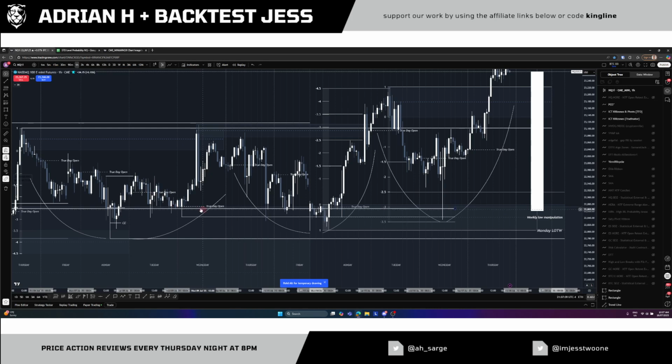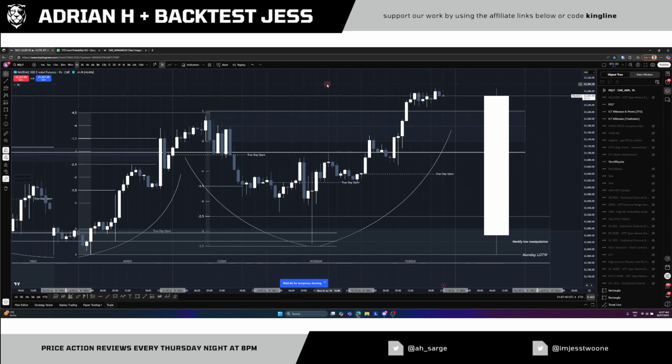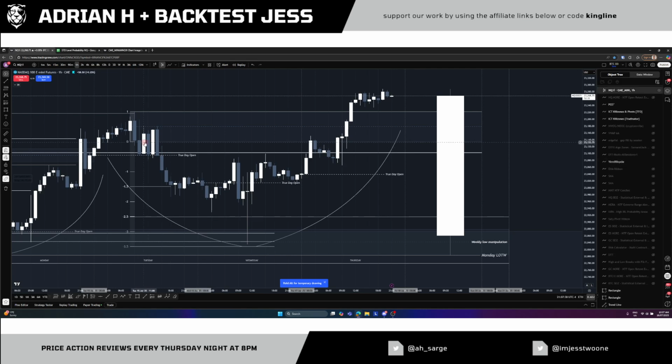This was into Wednesday, below true day open, expansion up, rotates back. And the one we've just had, same thing, we're manipulating above TDO, expands down. We come back up to 50% of the zone here, expands down into that Wednesday low.